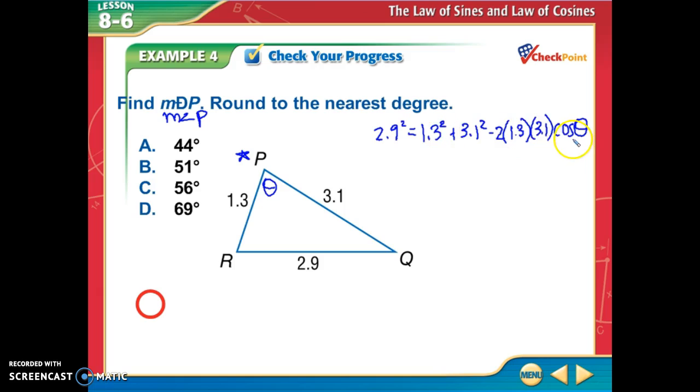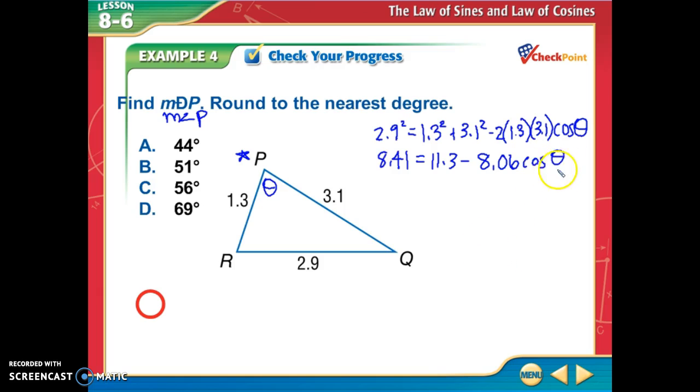So I can't plug all of this in at one time. So if I slowly start to simplify, right, I get 2.9 squared is 8.41. Right, 1.3 squared plus 3.1 squared is 11.3. Right, 2 times 1.3 times 3.1 gives me 8.06, and then cosine theta.